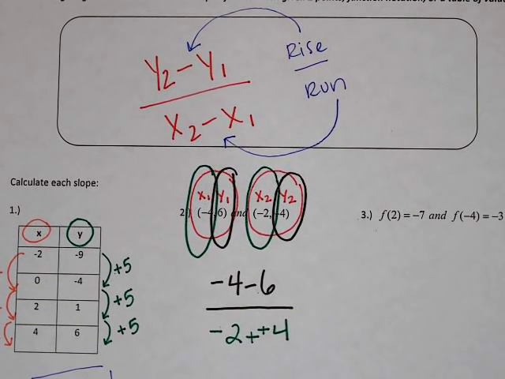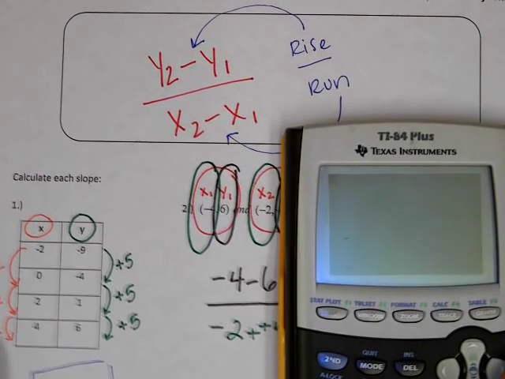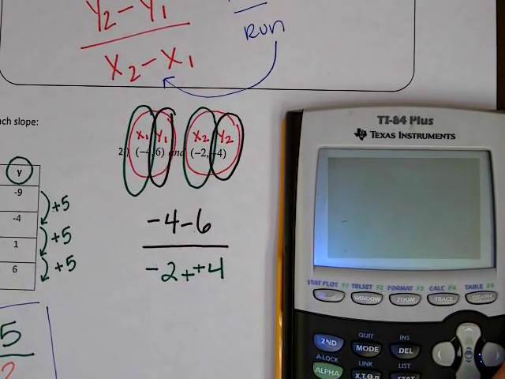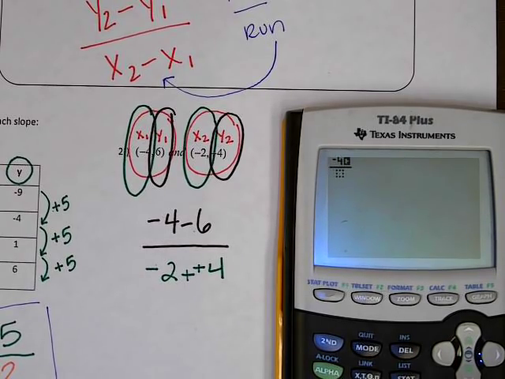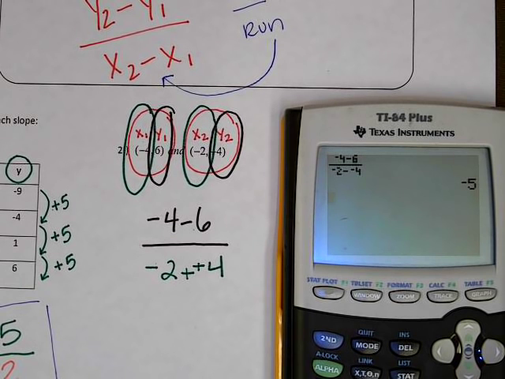Now you can do it in the calculator or by hand. But if you want the calculator to reduce it for you, I would just make the fraction and do -4 minus 6 over -2 minus a -4. And this one, you should end up with the slope being -5.